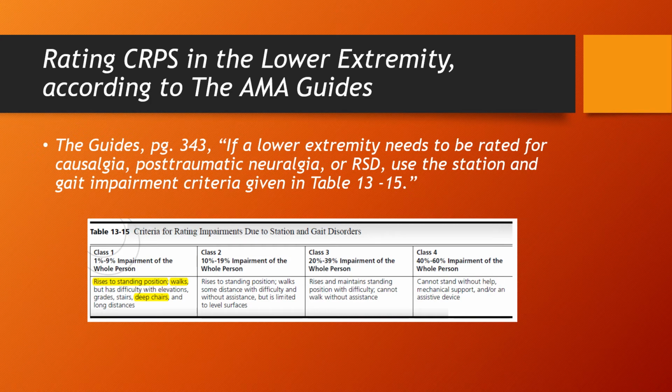With that said, going to chapter 13 and table 13-15, the criteria for rating this condition are basically that you establish a class 1 through 4. Where does the individual fall? Let's just talk about class 1 because I want to mention something. As you see, it's 1 to 9%. Now you are going to determine what actual number that is.